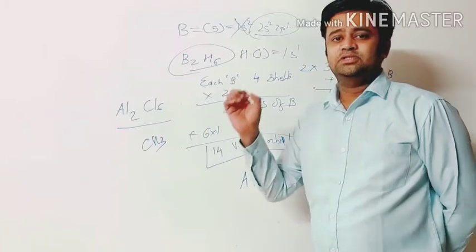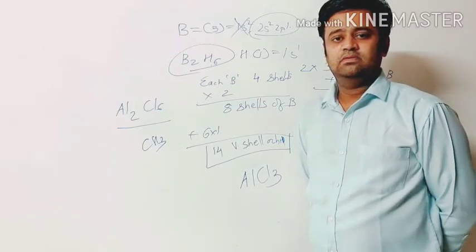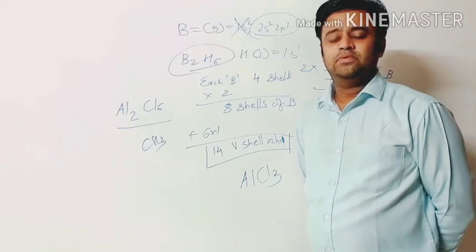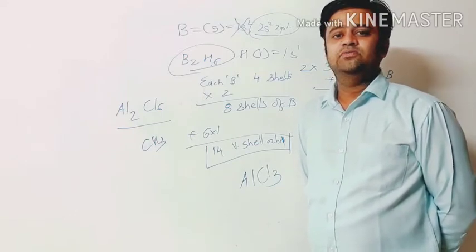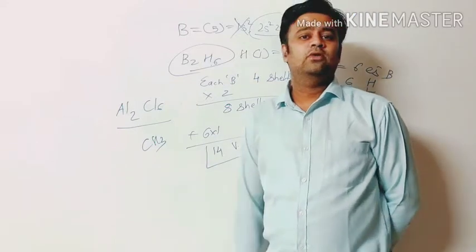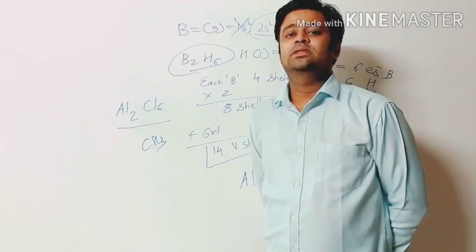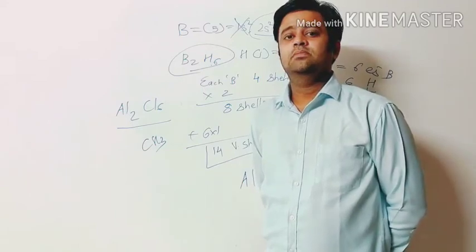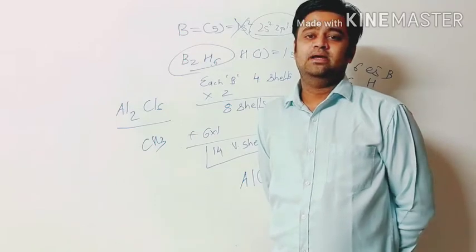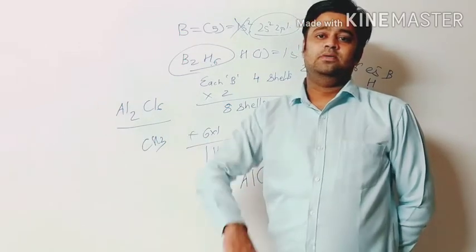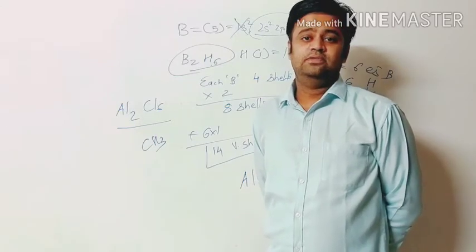Because it accepts the pi electrons from the ethene, and in that way it is very useful for the further reaction, to get attached with some halogen, and the halogen is replaced by an alkyl group, and therefore we call it Friedel-Crafts alkylation.